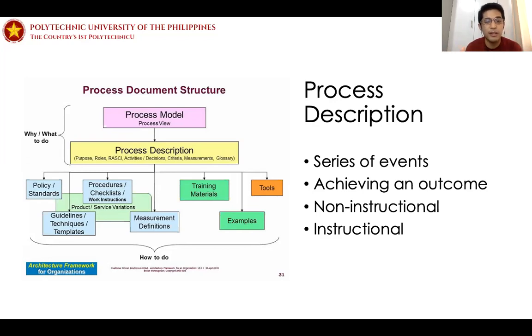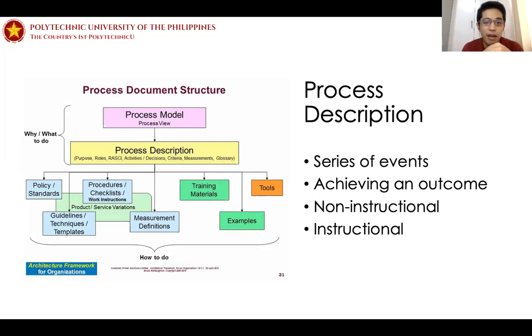And this is how it looks. A process model or a process manual is designed by a company that is being audited for ISO according to its own processes. We have to remember that in process description, we have to look at significant events, the series of events, and make sure that it ends eventually with an outcome, with a particular result.